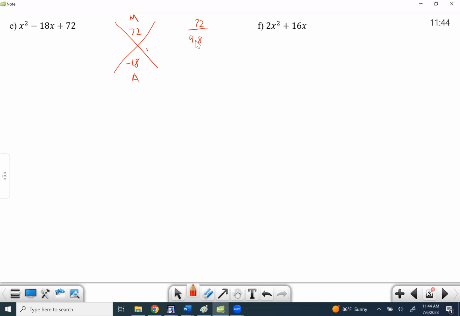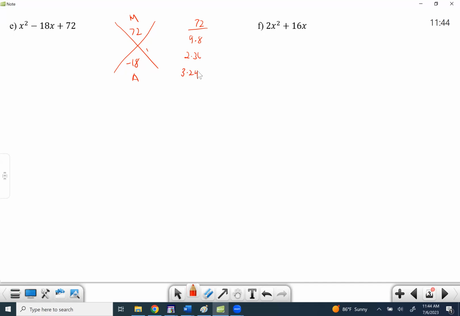And so let's say that you're struggling to find it, which happens. What you can always do is get your calculator out, and you can be like, 72 divided by 2, so that'll be 2 times 36, and you'll be like, that's not going to add up to 18. 72 divided by 3 is 24. 3 times 24 is not going to add up to 18, whether or not I put negatives on them.